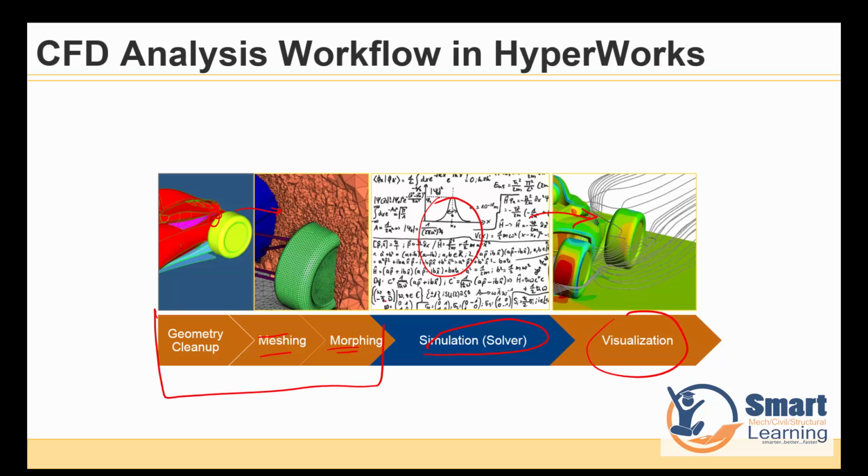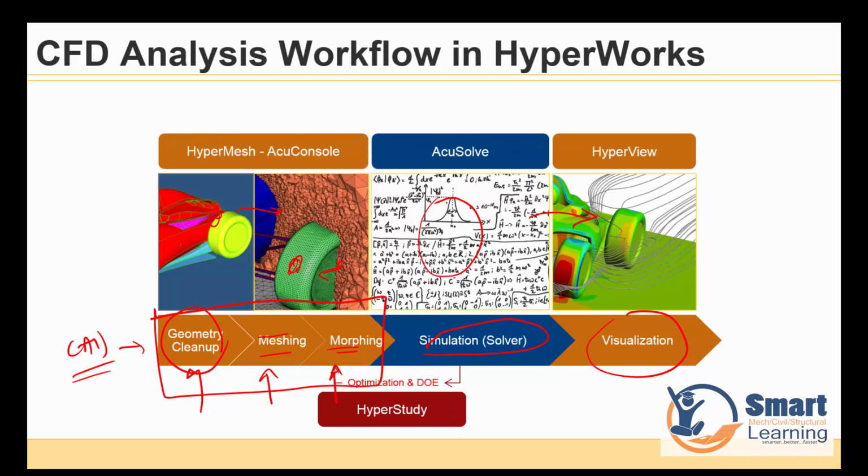Before cleanup you need your CAD file, which can be made in CATIA, SolidWorks, Creo, NX, or whatever package you use. Then you go for cleanup, then the mathematical meshing model. Then you do the morphing and match with the domain, select your solver, and finally go for the visualization.